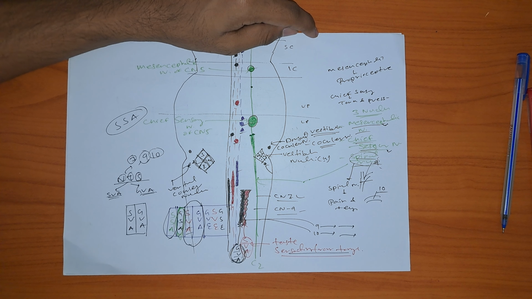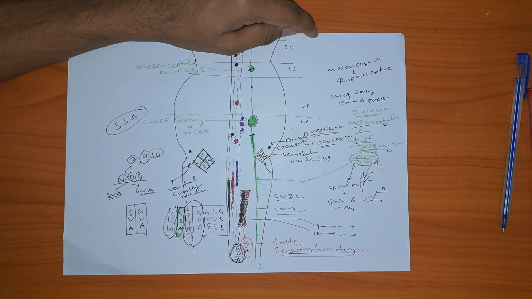Now we have the chief sensory nucleus of the trigeminal nerve, and now we have the spinal nucleus of the trigeminal nerve. See, this is thicker also. So this is cranial nerve 5.